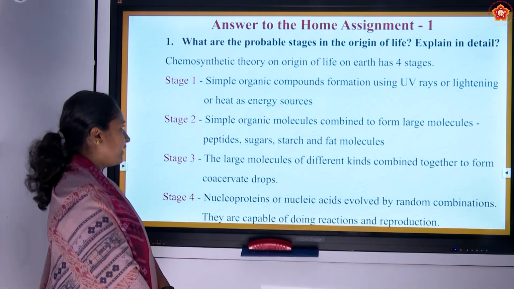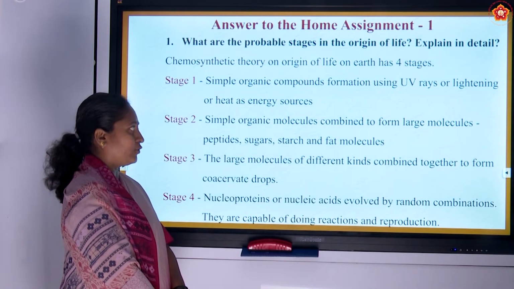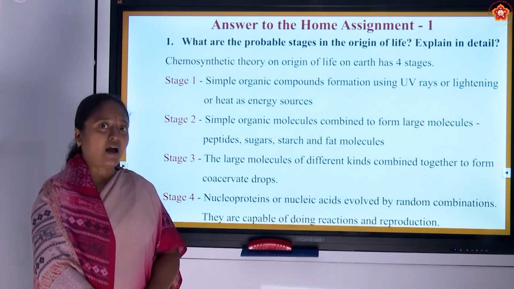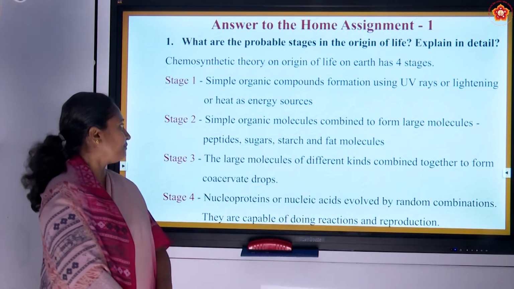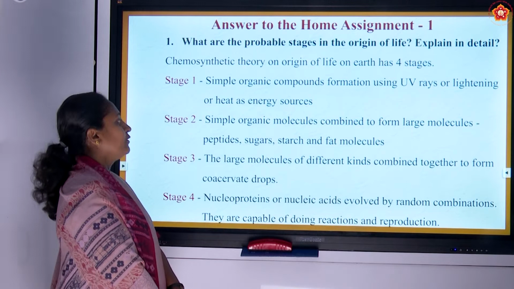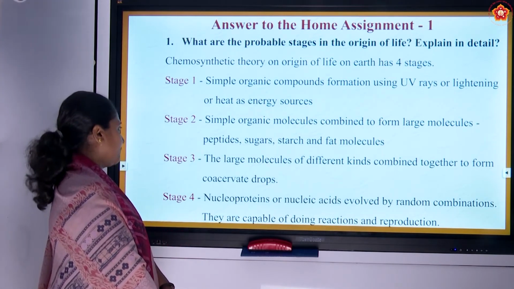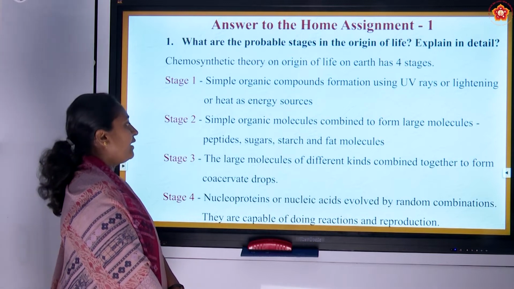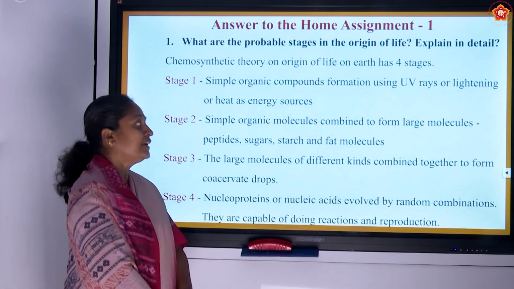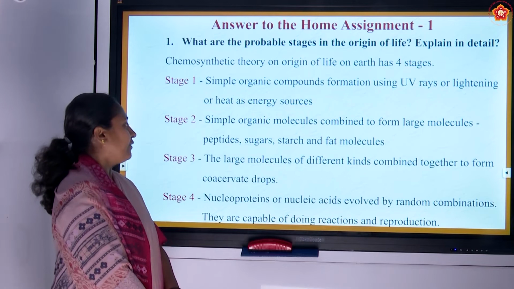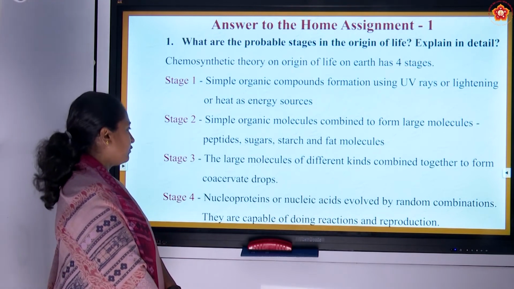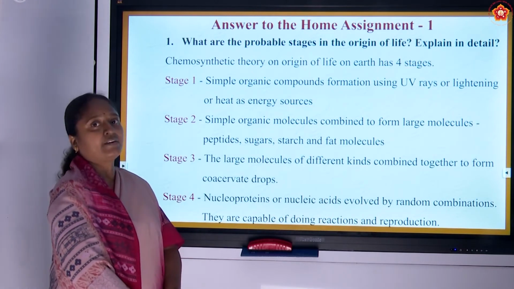In the second stage, simple organic molecules combine to form larger organic molecules like peptides, sugar, starch and fat molecules. As the stage progresses to stage 3, large molecules of different kinds combine to form a very complex structure known as coacervate drops.